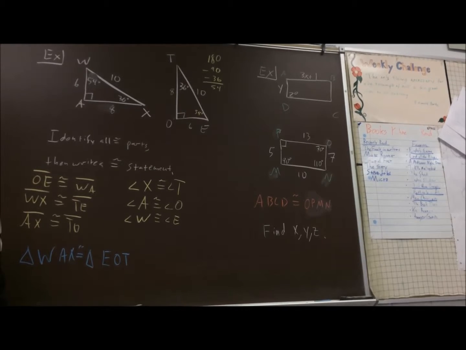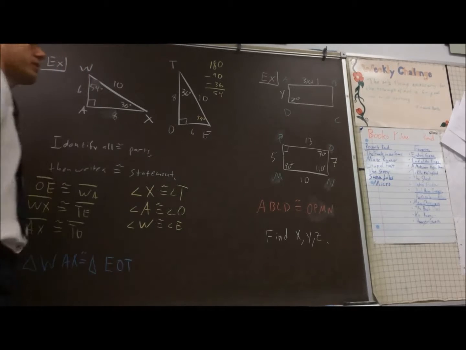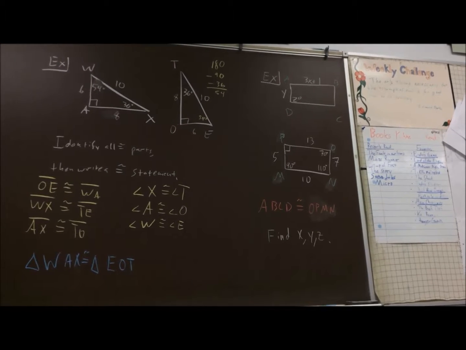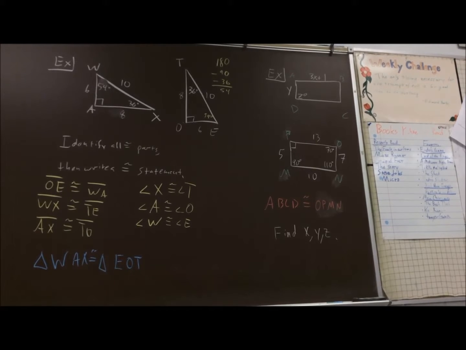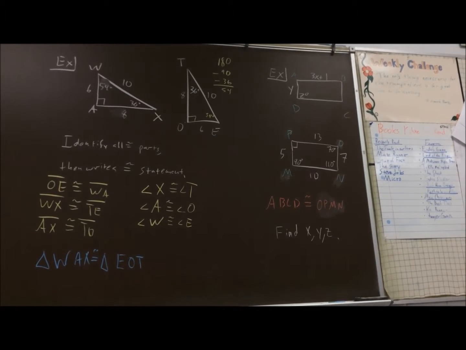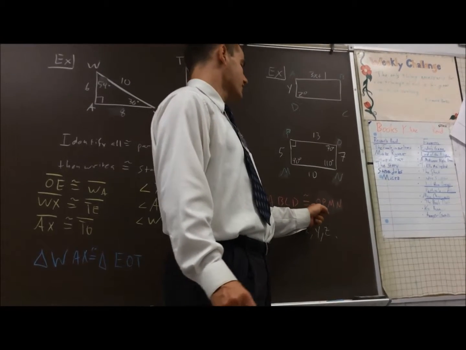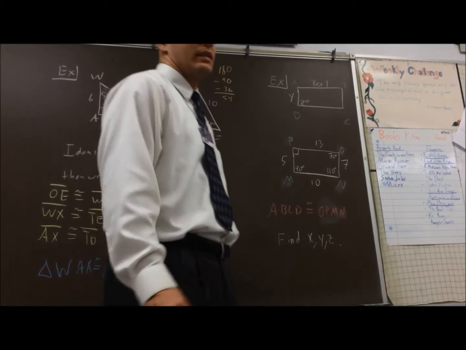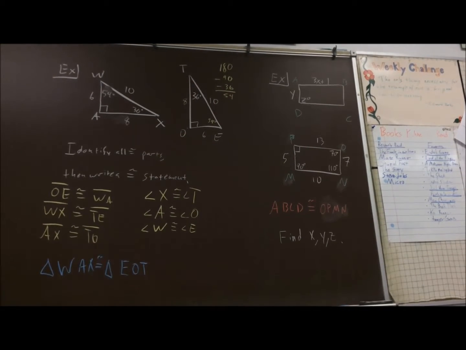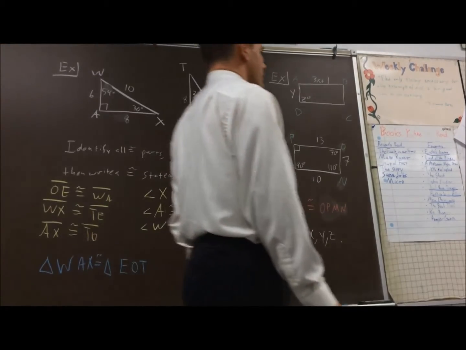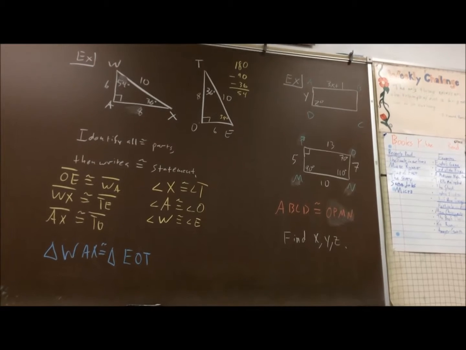I'll give you 30 seconds to discuss this with your team. Please note that down here it said ABCD is congruent to OPMN. So talk with your team. How do you find X? How do you find Y? How do you find Z? Go.